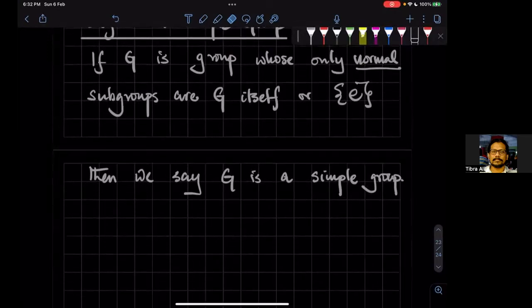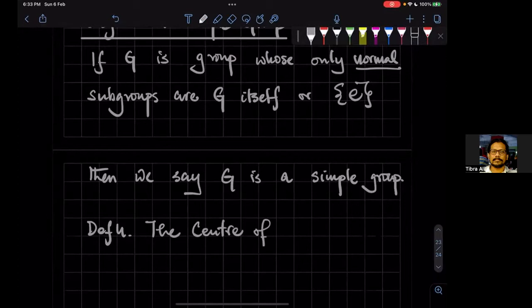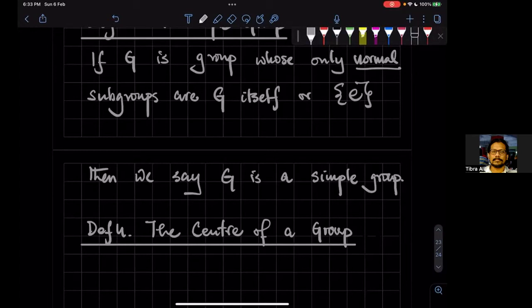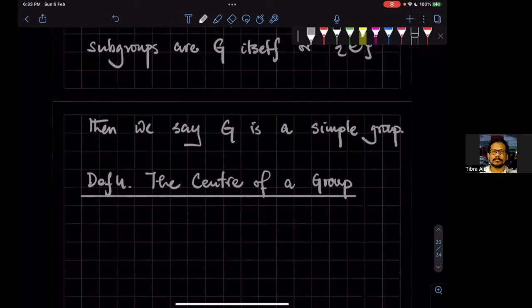Okay, so we defined a simple group. Another very important definition is the center of a group. Basically the elements of a group that commute with all the elements of the group form the center of the group.